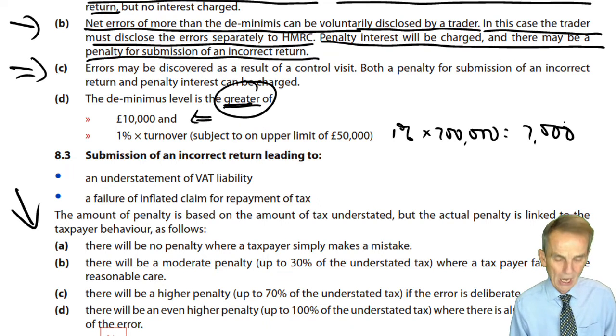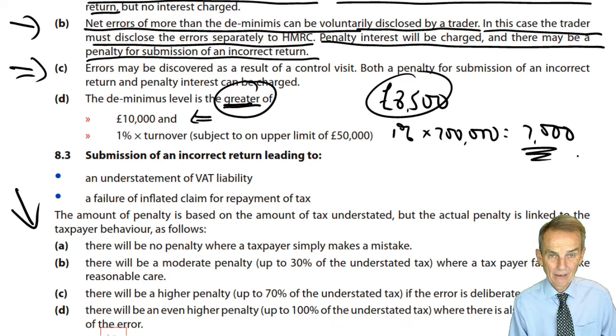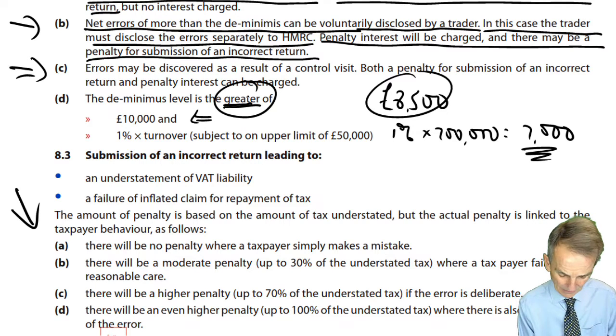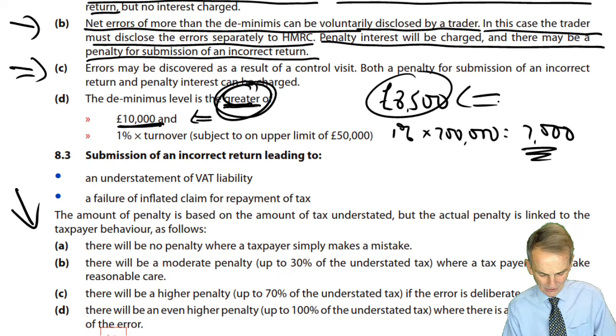The error, the understatement of VAT payable, was £8,500. The fact that that is bigger than that number doesn't matter, for as we've said, the de minimis level is the greater of, and there you go. If that figure there, the understated figure, any number that is less than £10,000 here is going to be below your de minimis level.